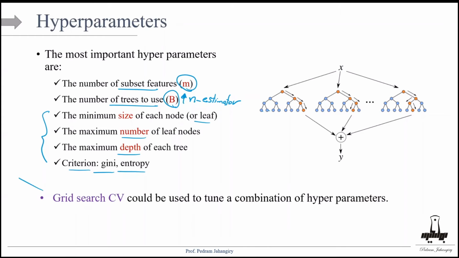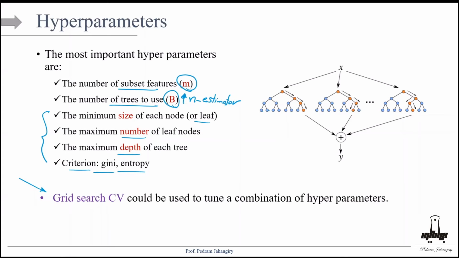Then we can use grid search cross-validation. We have seen this before in our previous algorithm. So we can use grid search cross-validation to tune the hyperparameters and pick the best model. The good thing about grid search is that we can get a better model by starting from some random values for the features.